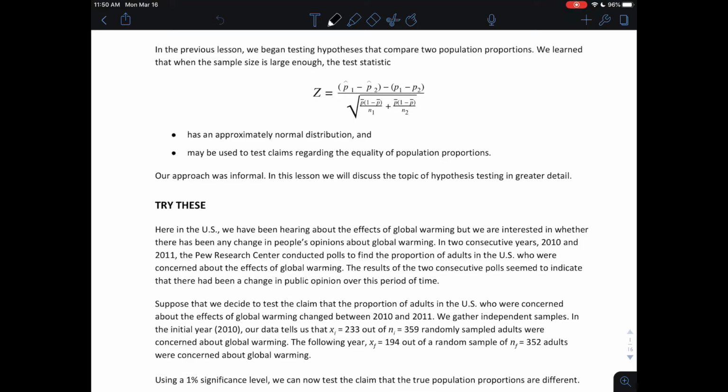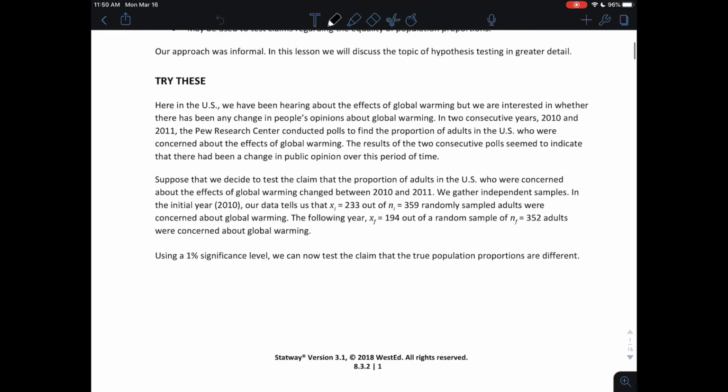That test statistic has an approximately normal distribution and may be used to test claims regarding the equality of population proportions. Our approach was informal. In this lesson, we will discuss the topic of hypothesis testing in greater detail.